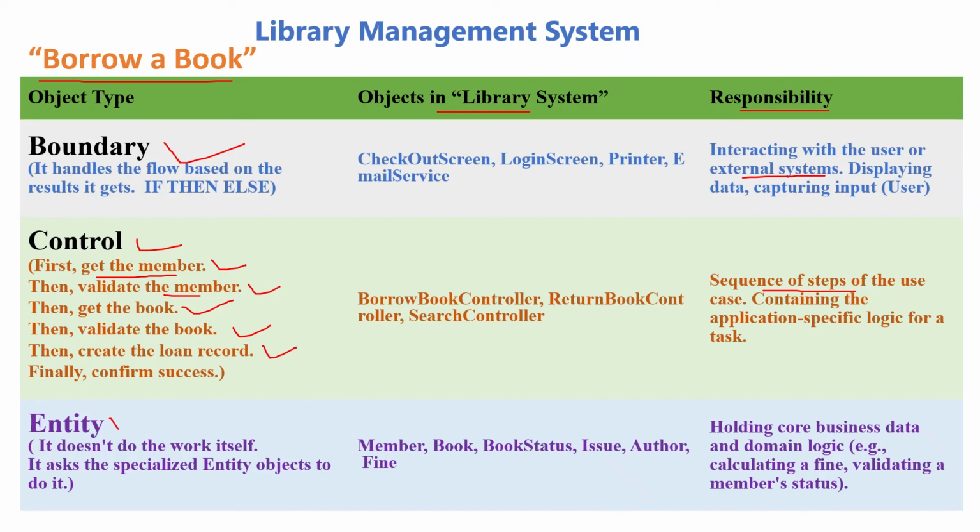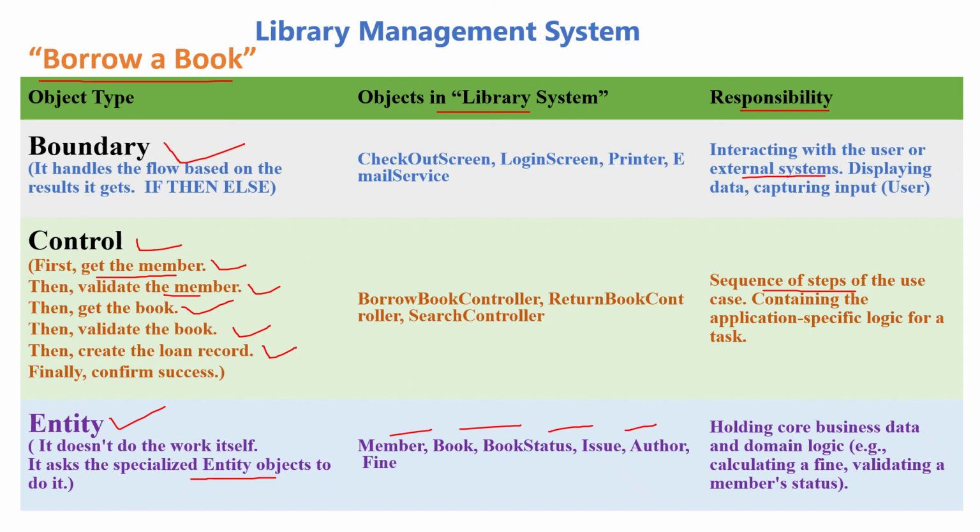Then how do we identify the entity objects? It can be a member or a book, or based on the characteristics, people or any two things which are comparable will be considered as entities. That means it does not do the work itself. It can ask the specialized entity object to do it by communicating with other objects.